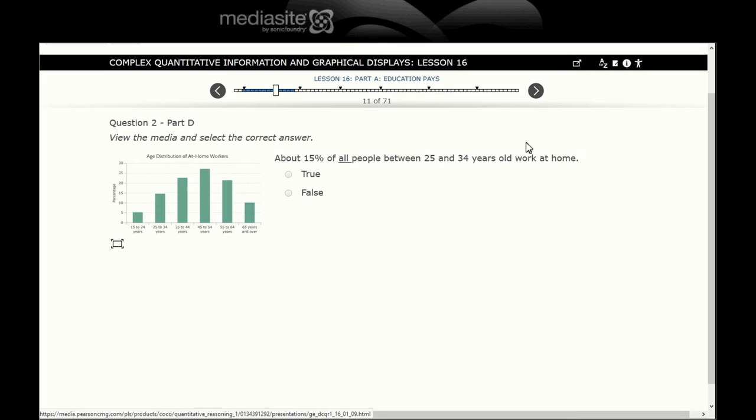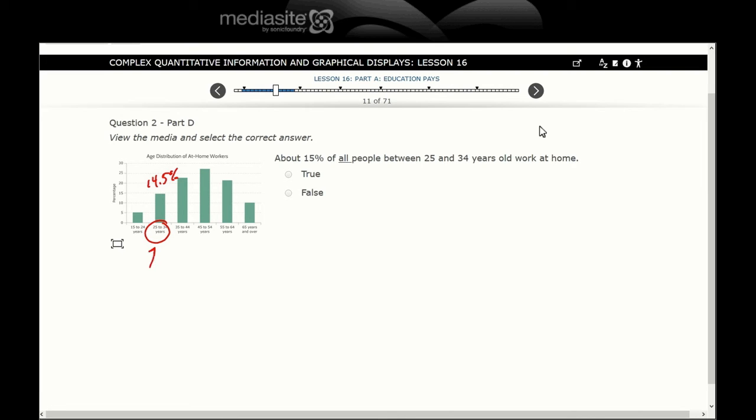That makes sense. Okay, about 15% of all people between 25 and 34 years old work at home. So 15 to 34, about 14.5%, which is about 15%. But again, you gotta look at the graph.